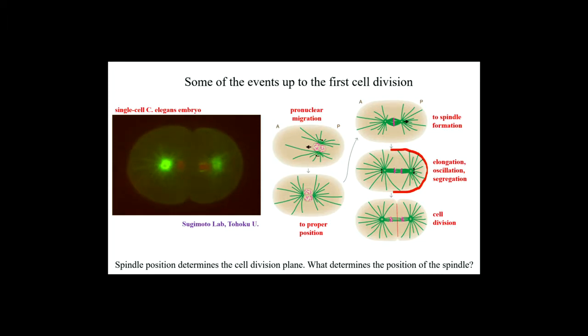Okay? So at least in C. elegans, there's this very characteristic oscillation of the mitotic spindle as it enters into what's called anaphase. It's this phase where it's assumed proper position, the spindle starts to stretch because the chromosomes are segregating, and then it starts to oscillate simultaneously.